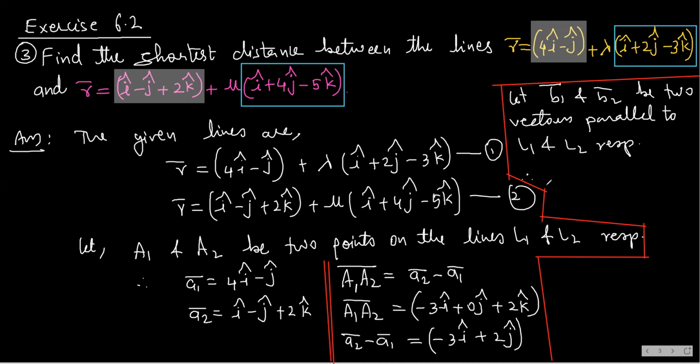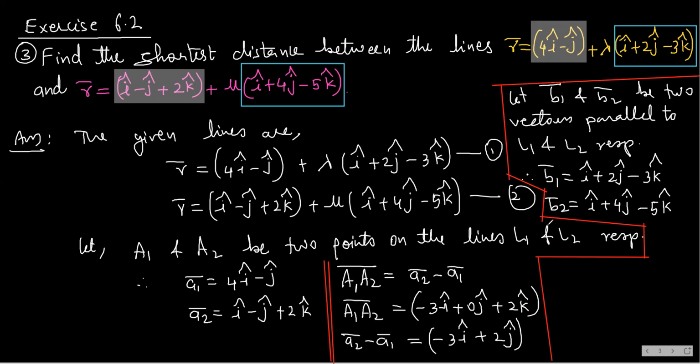Okay, so here I have now, what is B1 bar? B1 bar is i cap plus 2j cap minus 3k cap. B2 bar is i cap plus 4j cap minus 5k cap.